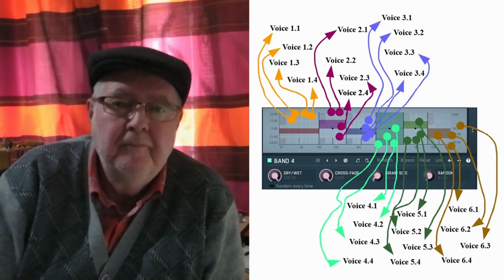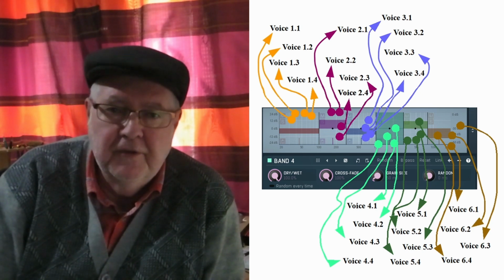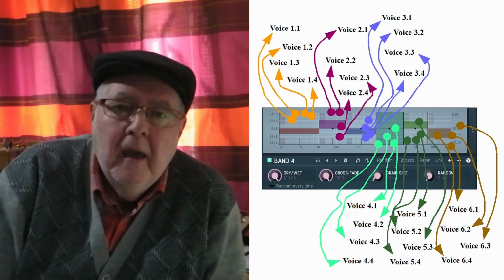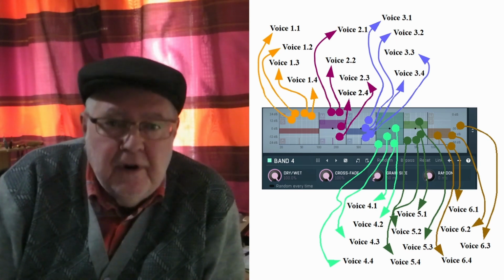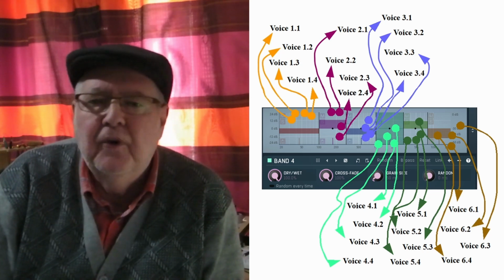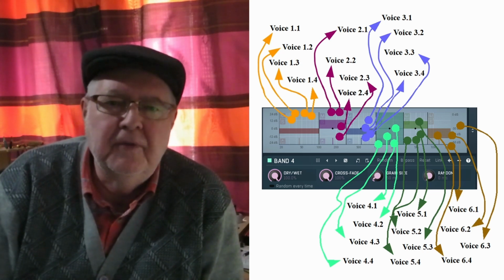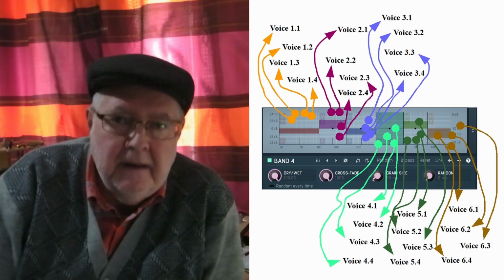Yes, 24. 6 frequency bands, each of which employing 4 voices makes 24. And if you take into account that each of these 24 different voices can come along with 20 copies, you can get 480 voices sounding at the same time, literally an army of sound indeed.